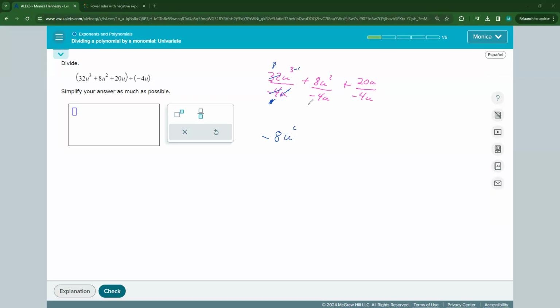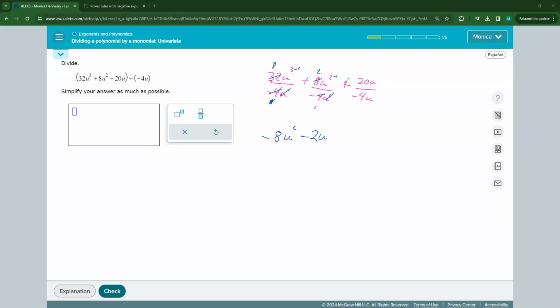A positive divided by a negative is negative, and 8 divided by 4 is 2. Looking at my u's, I have more on top than bottom, and u to the 2nd minus u to the 1st would be just a plain old 2 minus 1. So I'm going to have 2u, and I could put the exponent of 1, but Alex tends to not like that. It'll accept it, but it does say that it's not the most simplified answer.